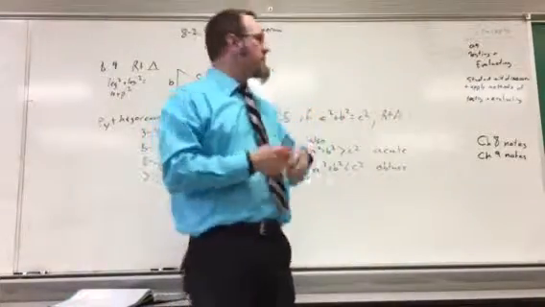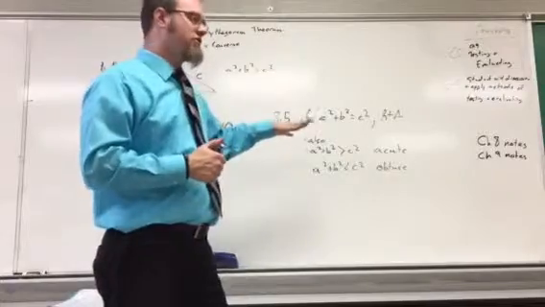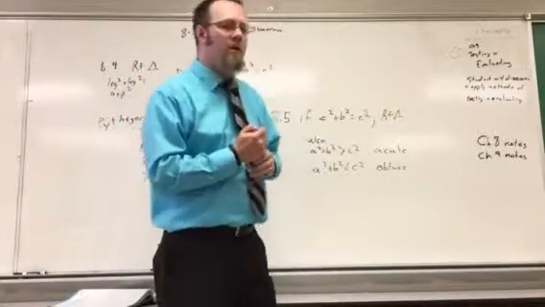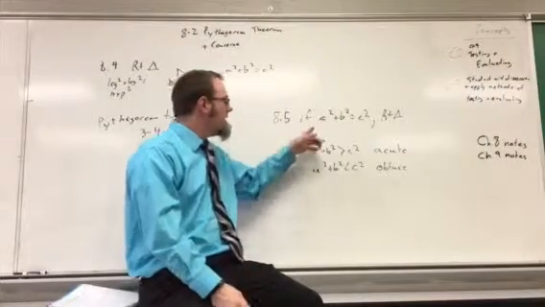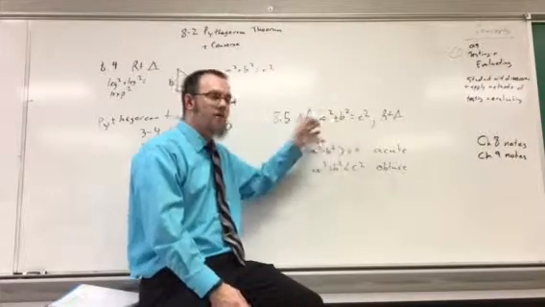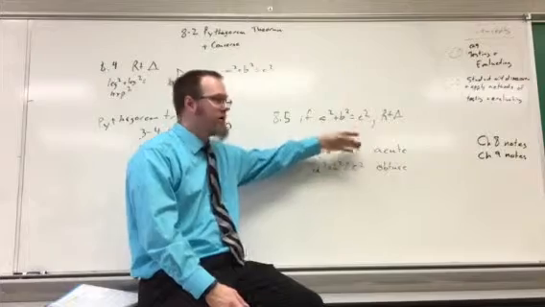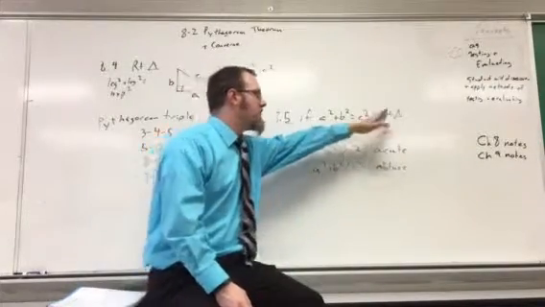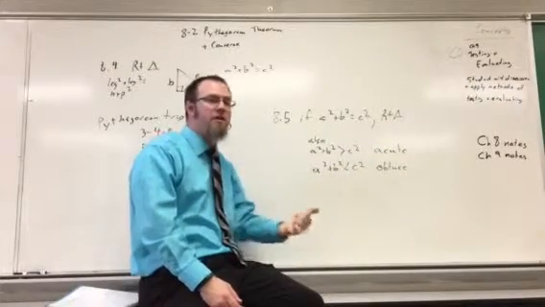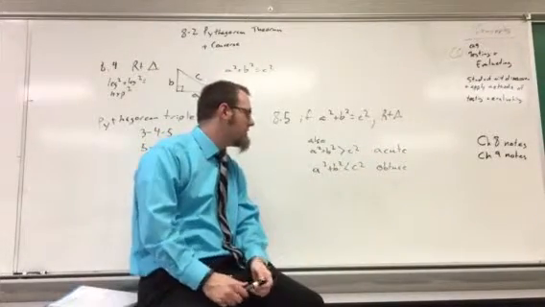The next part of the chapter is talking about the converse of the Pythagorean theorem, and I think we have addressed this before when we were classifying triangles. If a squared plus b squared, the sum of the two legs squared, is equal to c squared, the hypotenuse squared, then it is a right triangle. Make sure you get that down in your notes. Make sure you understand what that means.